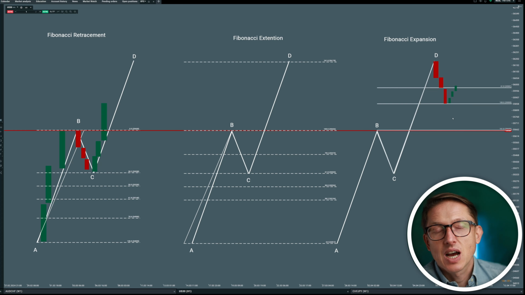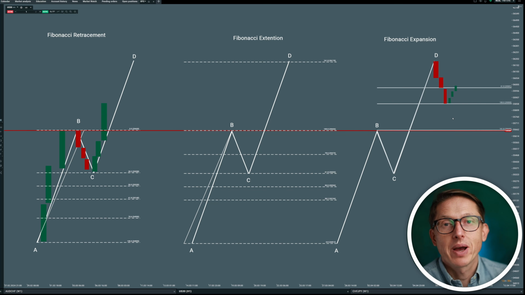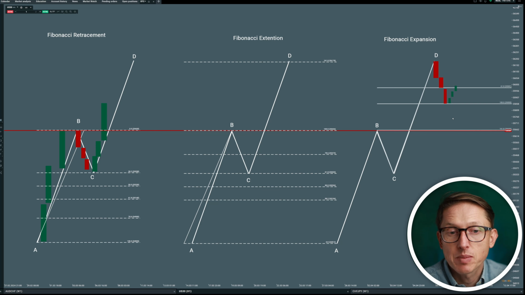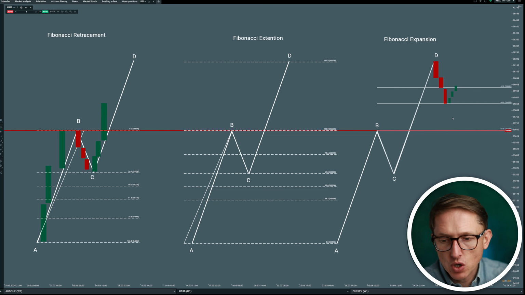So that's how you use Fibonacci expansion, in two different ways. One, to calculate the potential target to take your profit, and one, to calculate potential retracement, where the price can start going up again.